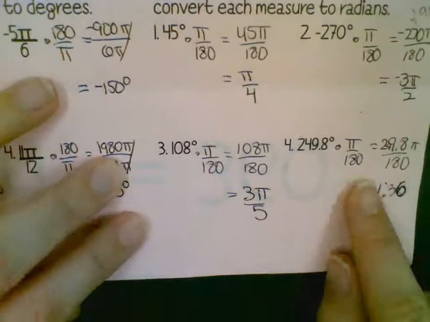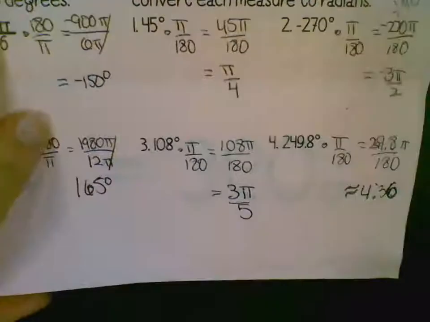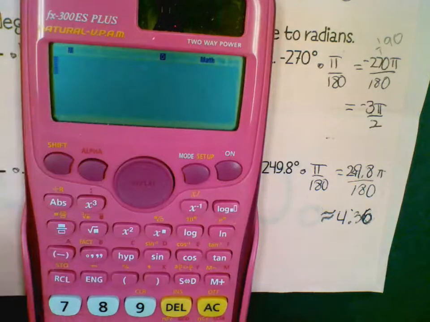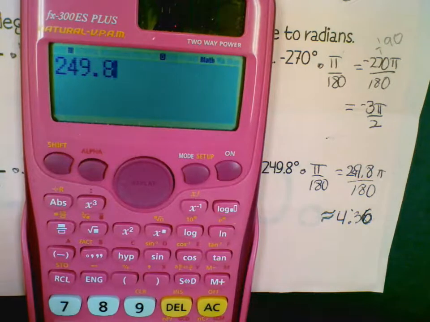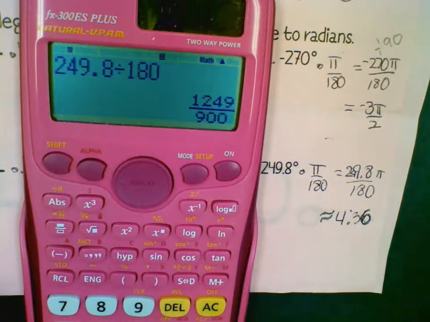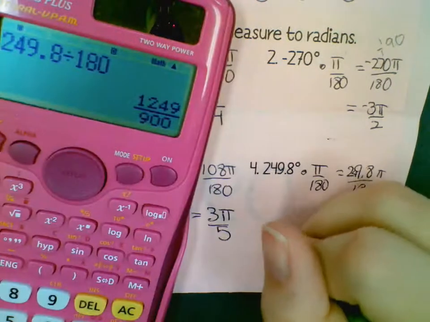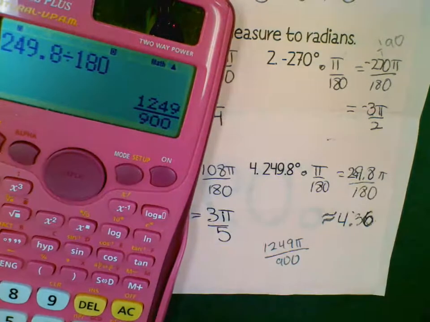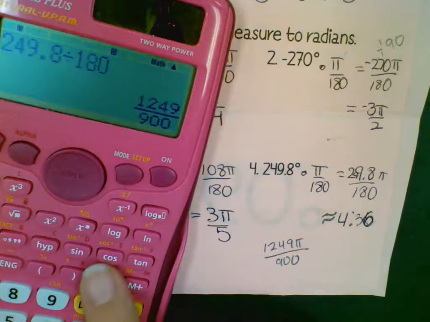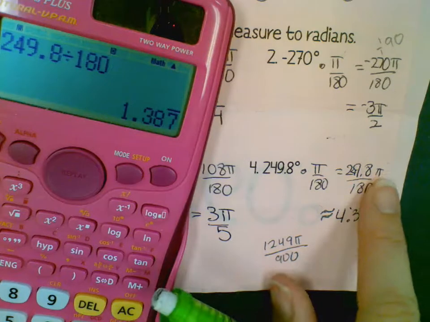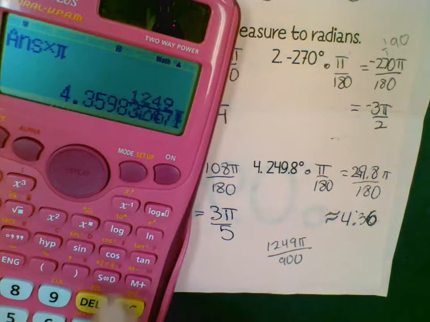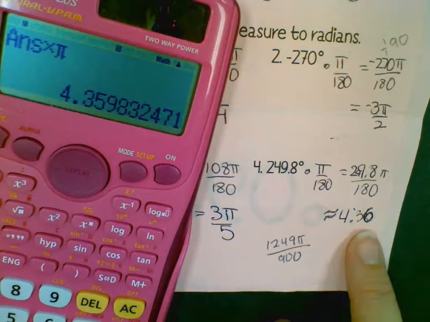Sometimes we're not going to have the pi, but usually radians will. Your calculator is really smart and could have reduced that for you, 249.8 divided by 180, and made it a fraction. That would be the same as 249 pi over 900, which is kind of ridiculous, so that's why I changed it to a decimal. But remember, when you change it to a decimal, you have to multiply by pi. That's where I got the 4.36. I rounded.